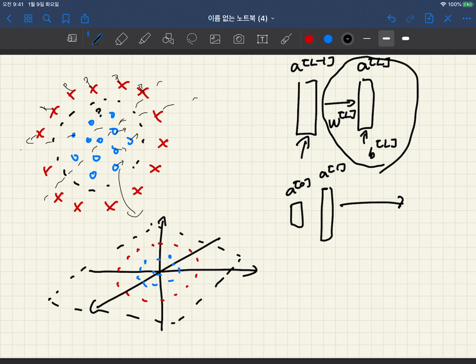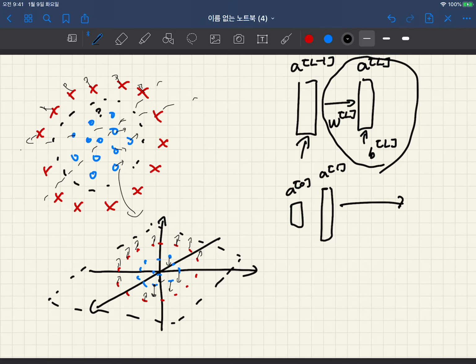In that case, using nonlinear activation function and weight matrix and bias vector, you can actually perform very nice transformation, like bring all the blue points to the downside, bring all your red points to the upside. This is possible.